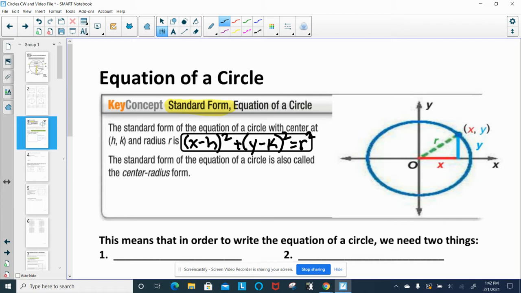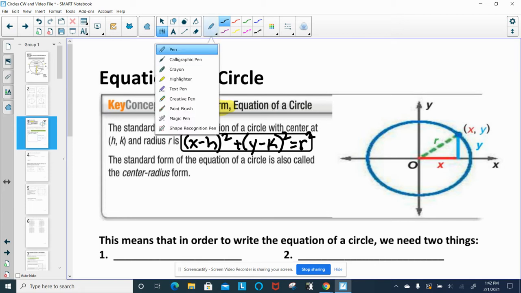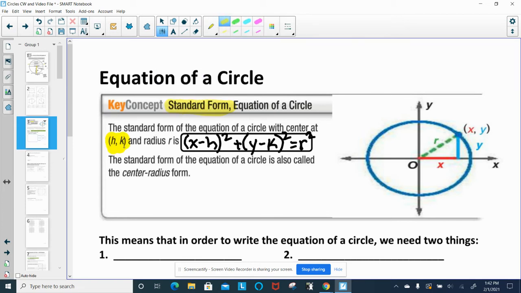The equation of the circle has some parts that change depending on the circle. And so when we write our equation of the circle, it's going to be really helpful to have those two things. If you read here, it says the standard form of the equation of a circle with center at h comma k and radius r is this thing we just wrote.